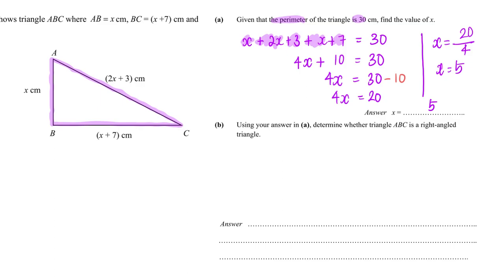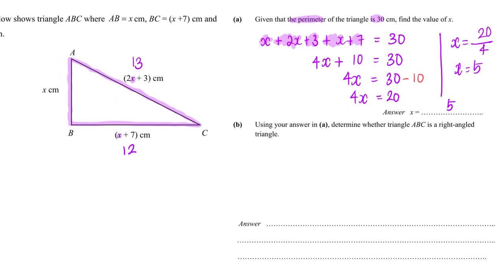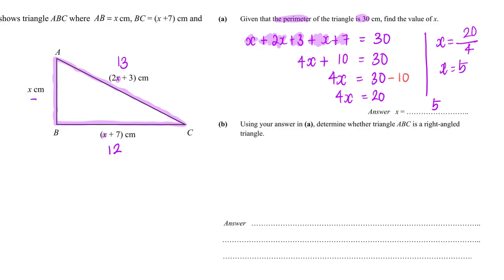Using your answer in part A, determine whether this triangle is a right angle triangle or not. So, now that I know x is 5, so all this is 5, right? So 2 times 5 plus 3, this will give me 13. 5 plus 7 is 12. And x is 5. So we are looking at 5, 12, and 13.